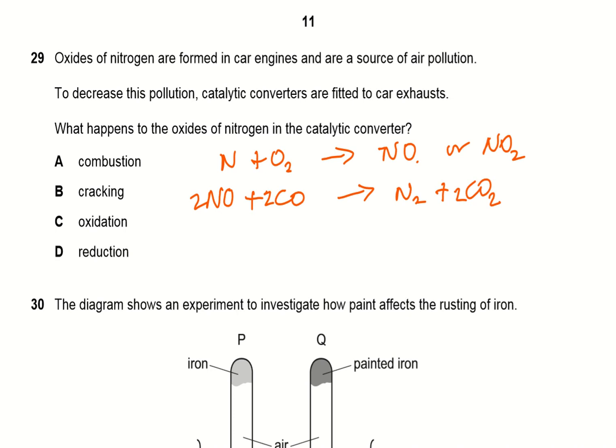Nitrogen oxide is reduced to nitrogen. That's pretty straightforward. You can see oxygen is taken away from it. Reduction is the removal of oxygen, while oxidation is the addition of oxygen. So what the catalytic converter does is reduce the oxides of nitrogen to nitrogen, while it oxidizes the oxide of carbon to carbon dioxide.